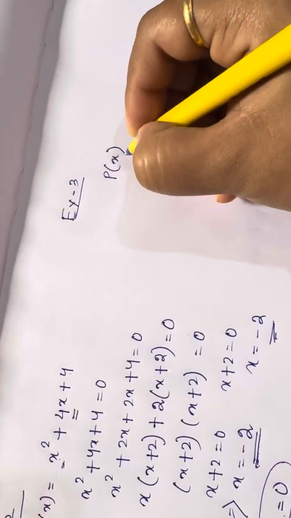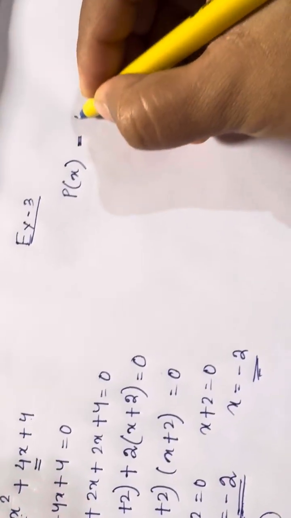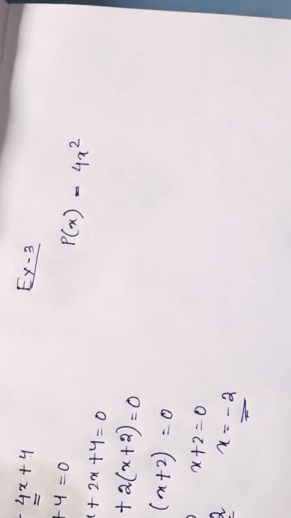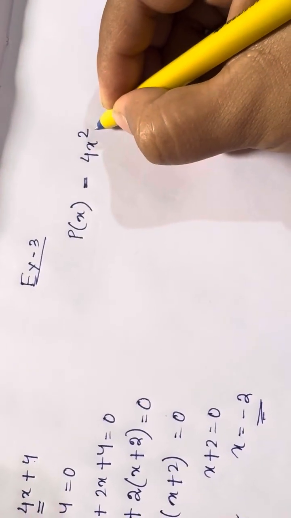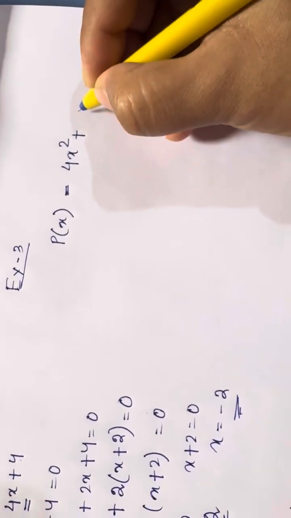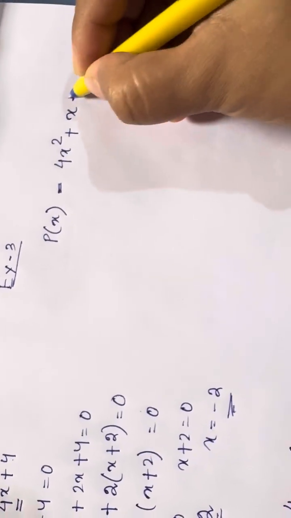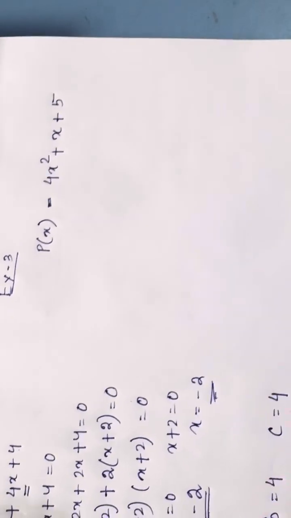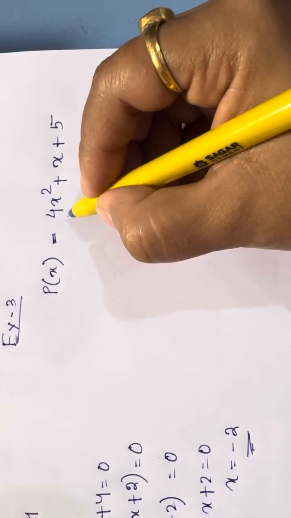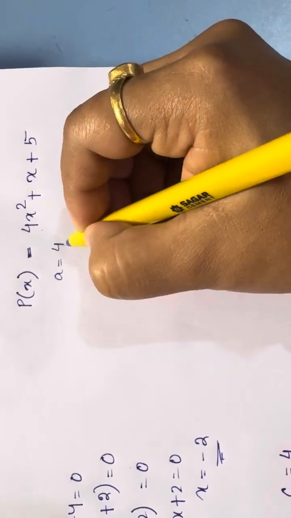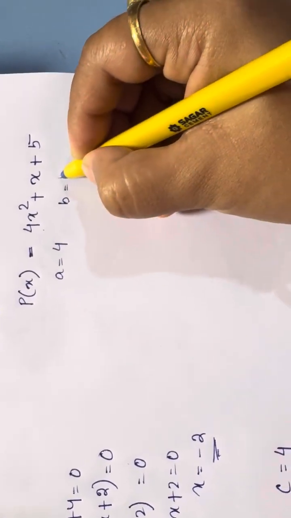Example number 3. Let's take p(x) is equal to 4x square plus x plus 5. What is A here? 4. What is B here? 1.